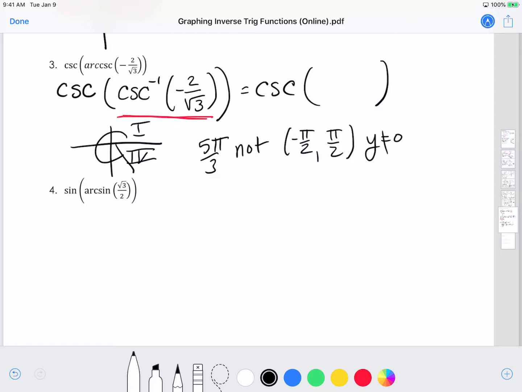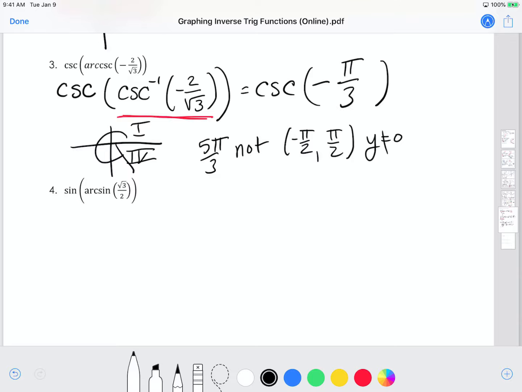So if we want to write it so that it's between minus pi over 2 and pi over 2, we've got to write it as a negative angle. So we're going to write 5 pi over 3 as negative pi over 3. It's still coterminal, it still lands in the same spot, but 5 pi over 3 is not on that interval. We've got to write 5 pi over 3 as negative pi over 3 so it fits on that interval.